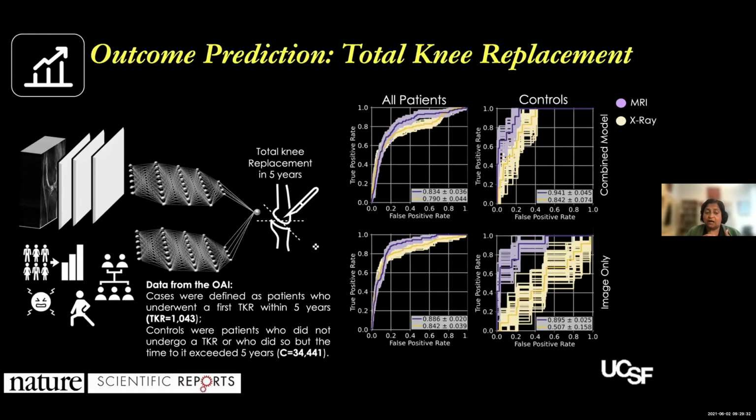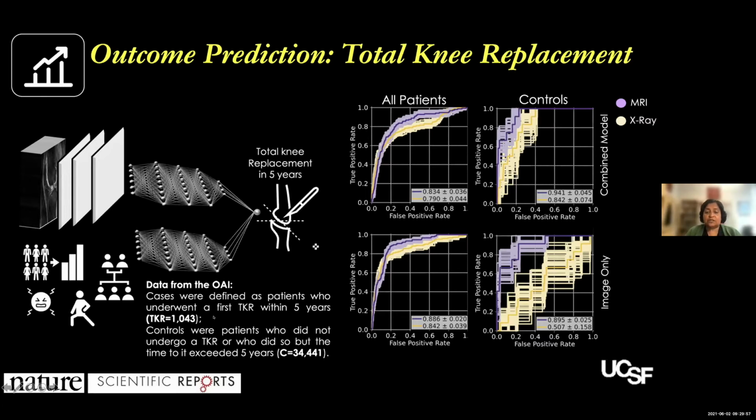They also have radiographs, MR images, and we are going to be looking at some of these MR images and radiographs. So we looked at individuals who underwent a first total knee replacement within 5 years, and then those controls were the patients who did not undergo a total knee replacement within the 5 years. Some may have never gone through it, others might have gone through it maybe after 5 years.